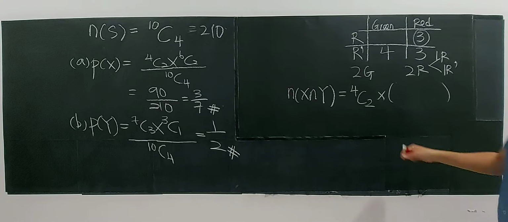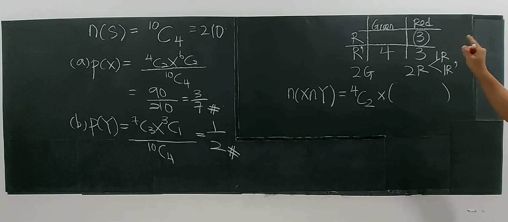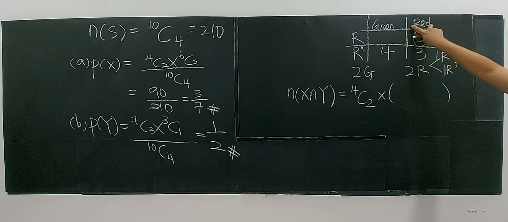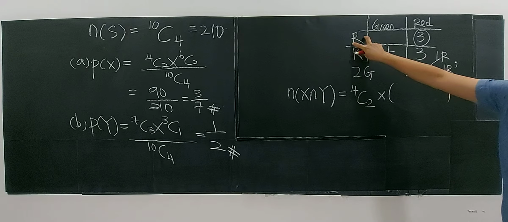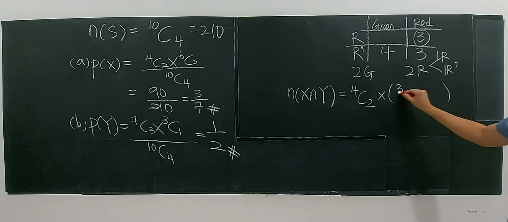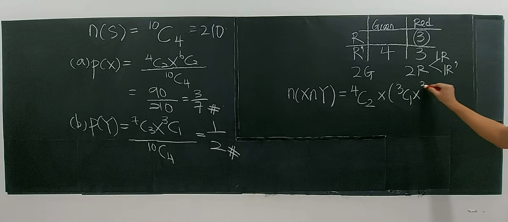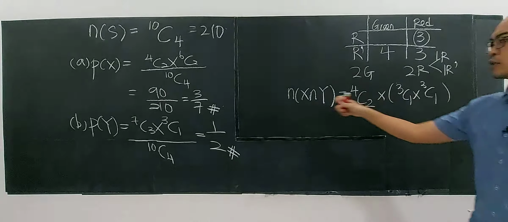Among the red apples you have 3 bad apples and 3 good apples. So from the 3 good apples you choose 1, and from the 3 rotten apples you choose 1. This already follows the two conditions.